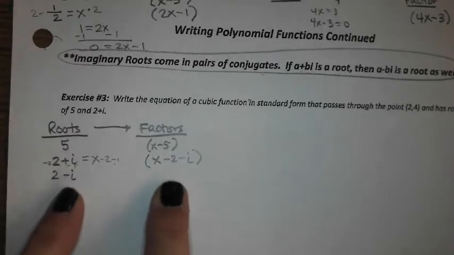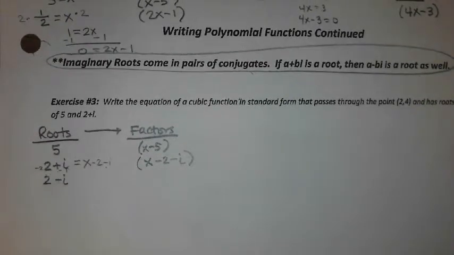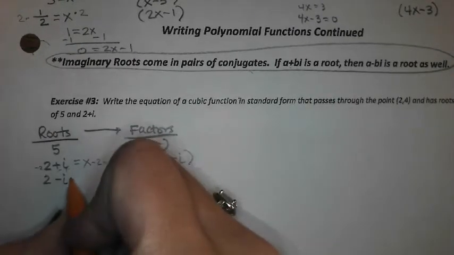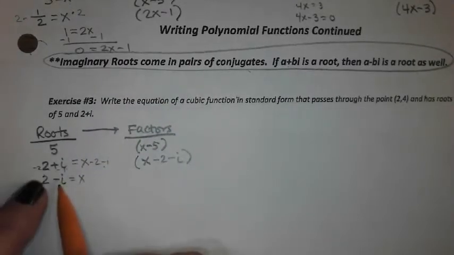Try to come up with the next factor based on that same concept. Ooh, 2 people have already got it. Take a minute, everybody. Try to figure it out. Isaiah, is that a hint? Good. What is it? x minus 2 plus i. So if this were to equal x, I've got to get it equal to 0.